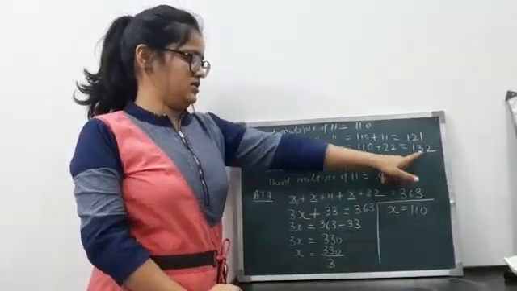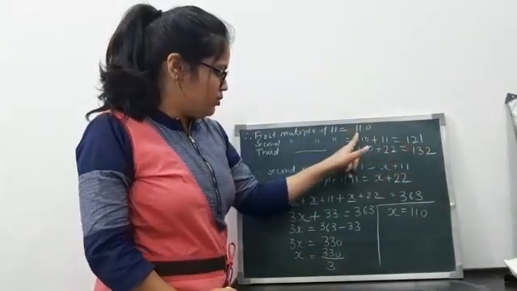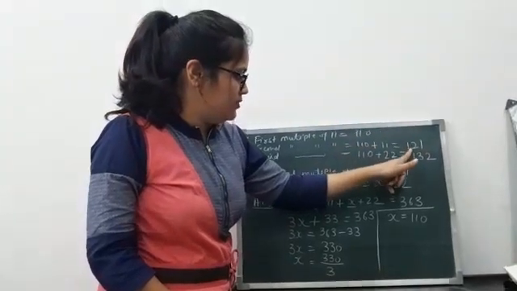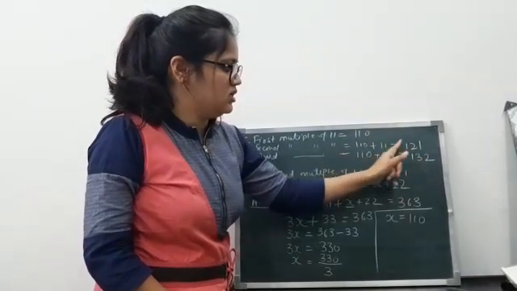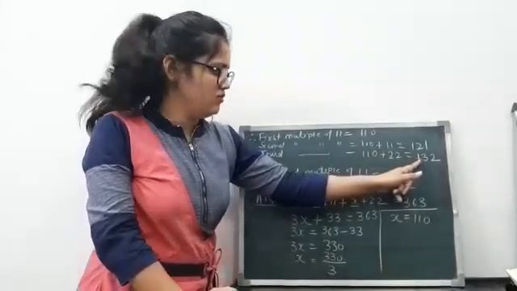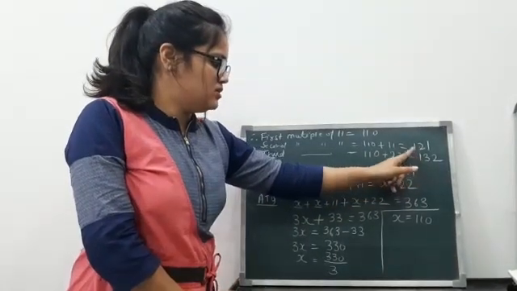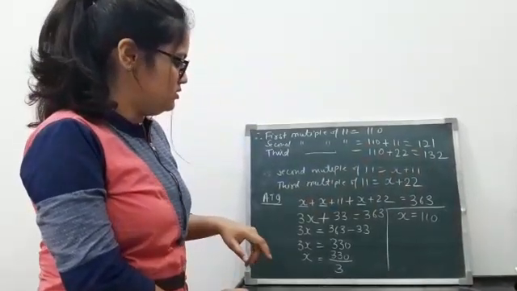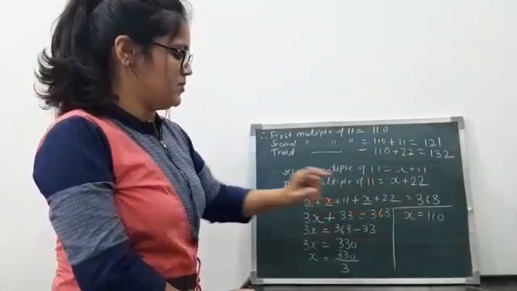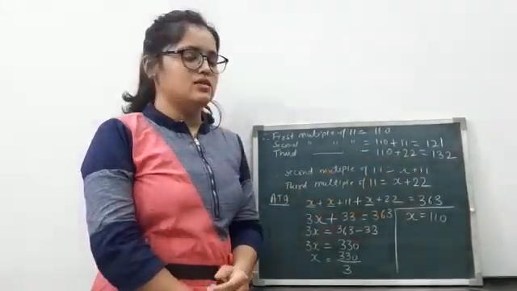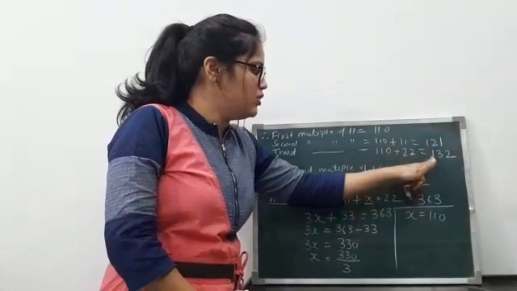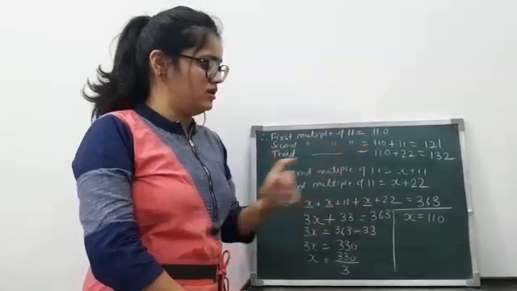So this is the next multiple of 11. So 110, 121 and 132. These three are the consecutive multiples of 11 whose sum is equal to 363. And you can verify your answer by adding these three. If you add these three numbers, you will get 363.